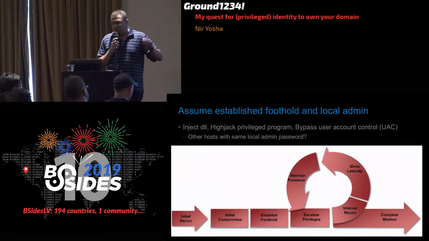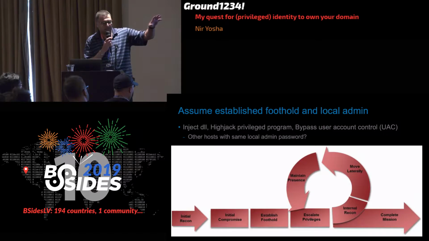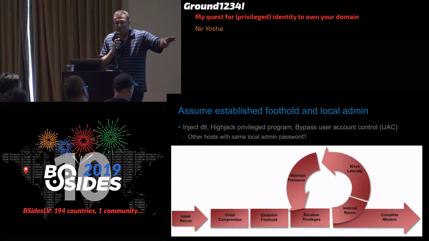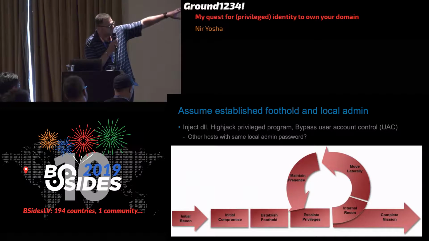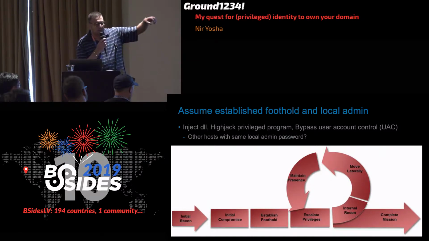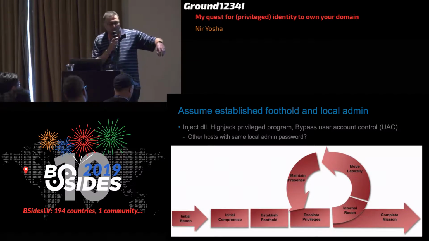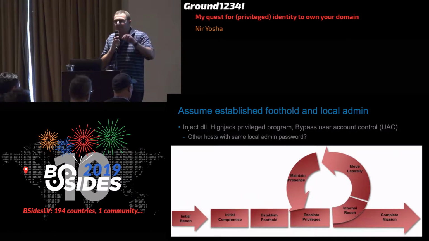And at this point, whether it's a malware injected into one of the processes, or hijacking some high-privileged program, or bypassing the user privilege, the UAC, we're getting a local administrator on an endpoint that is probably not our target, not our end goal.